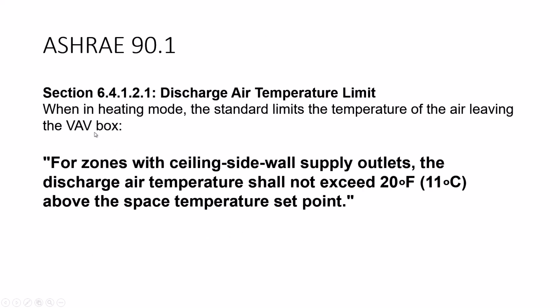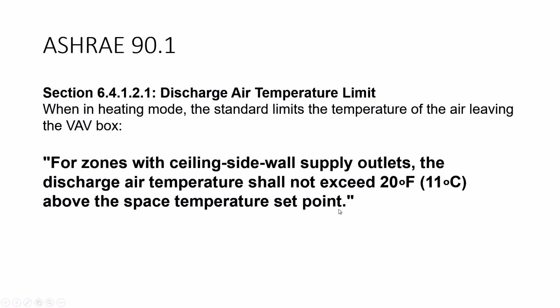And this is the requirement of ASHRAE 90.1, section 6.4.1.2.1, discharge air temperature limit when in heating mode. The standard limits the temperature of the air leaving the VAV box. In heating mode, for zones with ceiling or side wall supply outlets, meaning perimeter heating, the discharge air temperature shall not exceed 20 Fahrenheit above the space temperature set point.